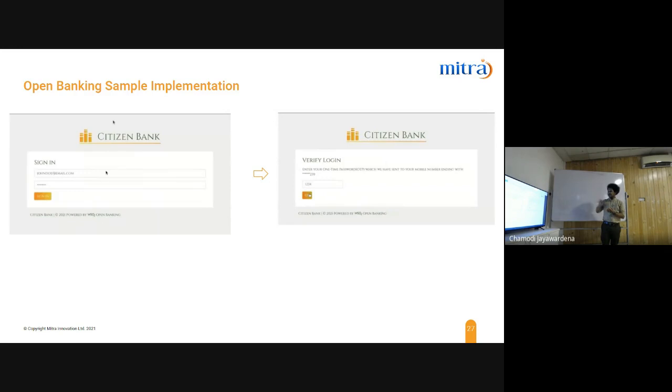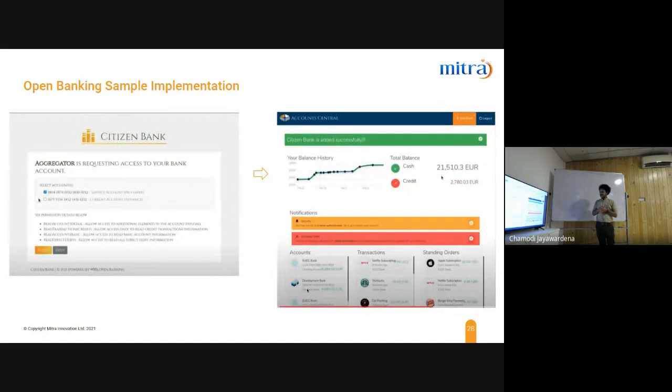After that, the bank will do a second verification as well. That may be an OTP, on the right-hand side. Thereafter, the customer gives consent as well: I'm just giving my first savings account only to you for this aggregation. So that's the left-hand side.